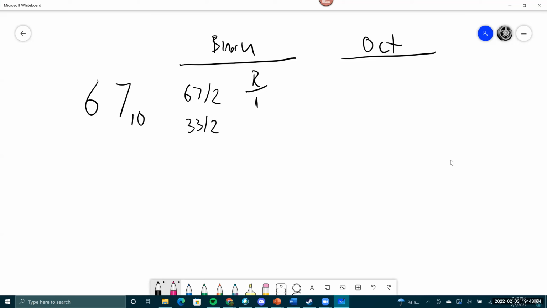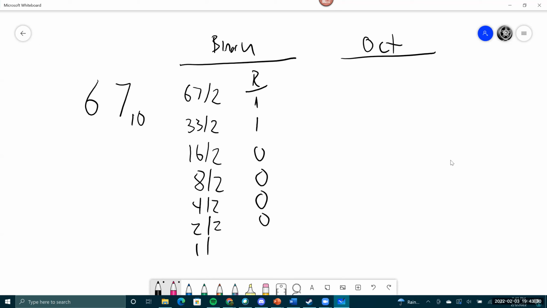33 divided by 2 would be, let's see, 16 with a remainder of 1. 16 divided by 2 is 8 with a remainder of 0. 8 divided by 2 is 4, remainder 0. 4 divided by 2 is 2, remainder 0. 2 divided by 2 is 1 with remainder of 0. 1 divided by 2 is 0 with remainder of 1.